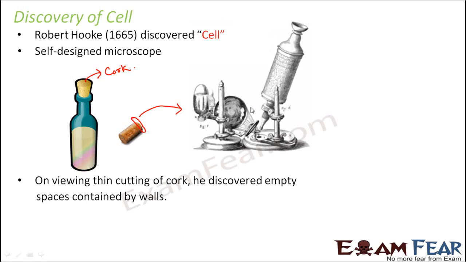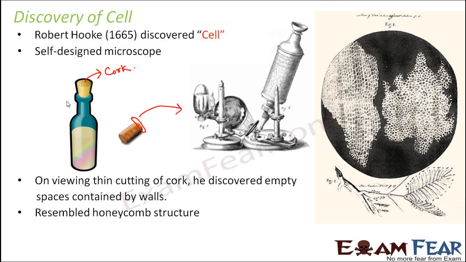Now, cork was basically a dead tissue because it was the bark of a tree which was once living. So what Hooke observed was actually the empty cell walls of the dead plant tissue, something which resembled a honeycomb structure. If you see here, this is how it looked.